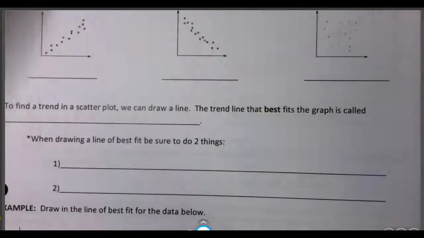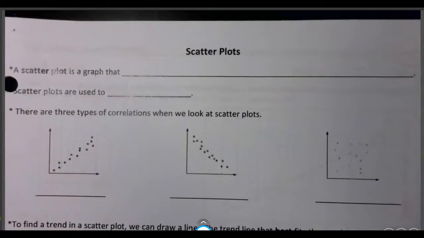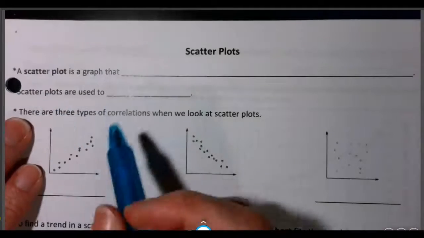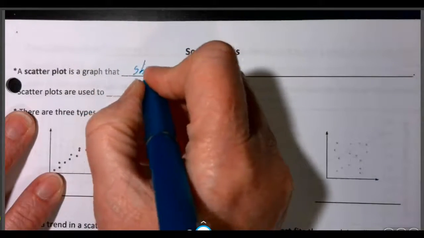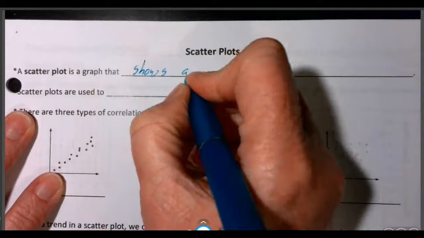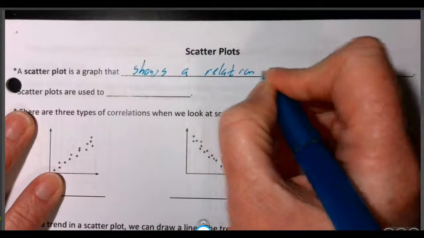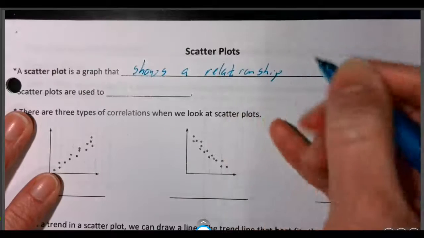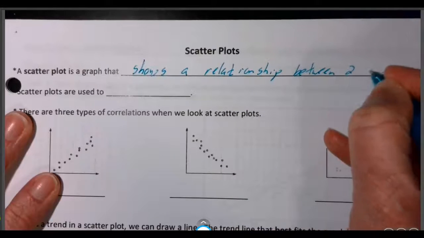So here we go. The first thing we're going to talk about is what's called scatter plots. Now with scatter plots, what a scatter plot is, it's a graph that shows a relationship between two variables.